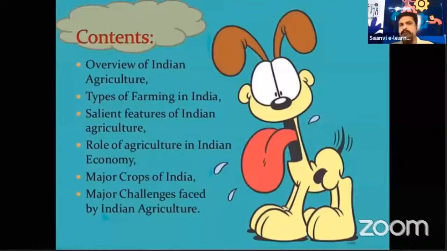What is Indian agriculture? What are the different types of farming in India? Features, role, major crops, and major challenges, that is, the problems or threats farmers face nowadays. These are the concepts we are going to learn in this chapter.